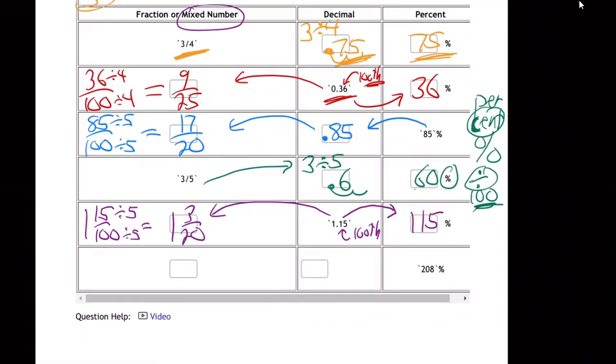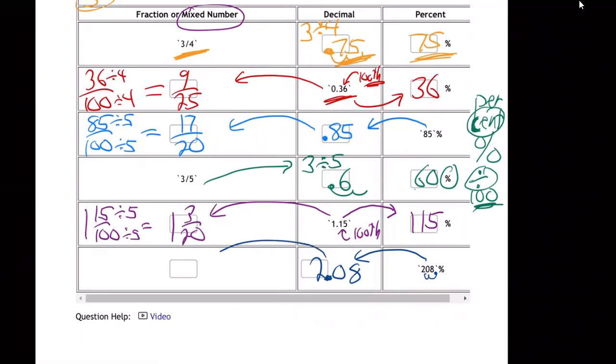All right, last one. They start us with 208%, go back. That's going to be 2.08, because the decimal moves back 2 places. The decimal's really at the end, but it goes back 2 places to be 2.08.